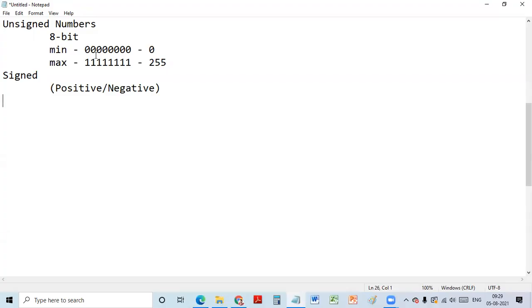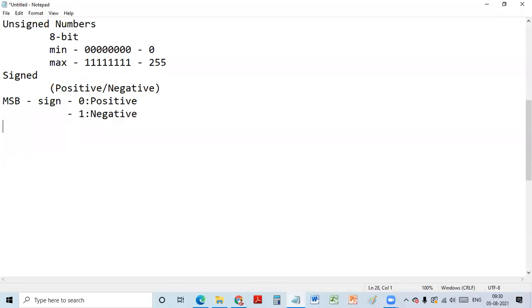So the most significant bit of a number represents the sign, and for positive numbers the sign bit is 0, and for negative numbers the sign bit is 1. The remaining bits, after separating the most significant bit, are used to specify the magnitude of the number.